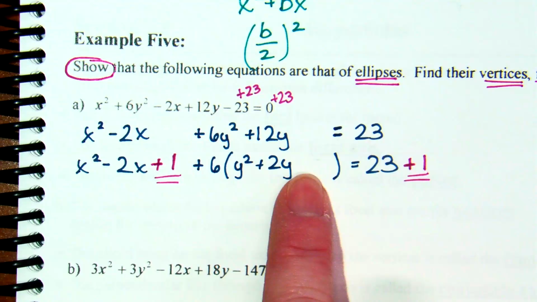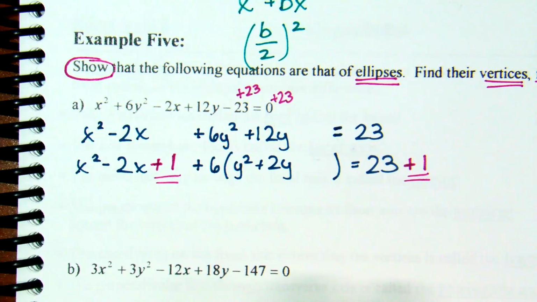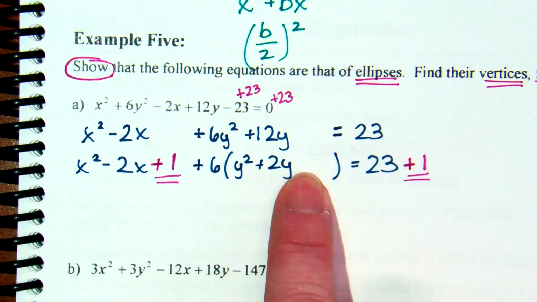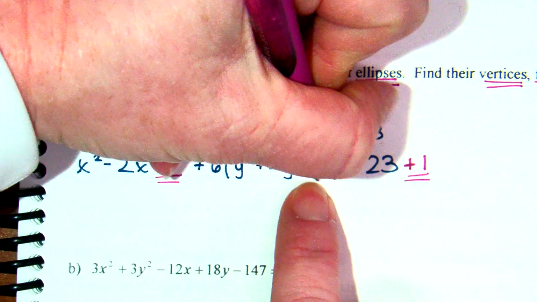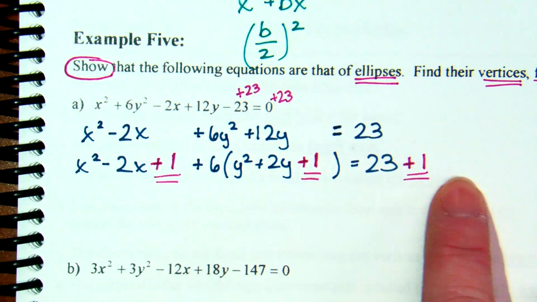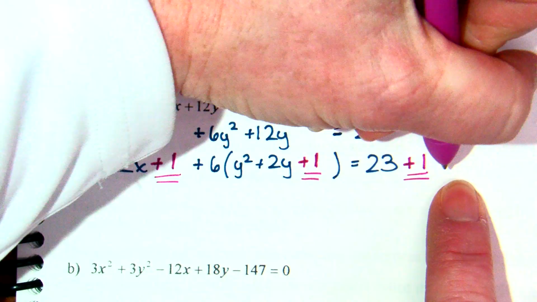Okay, so now we've got to do the same thing with our y's. Notice it's 1y squared plus 2y. So what's the current b I'm using? 2. 2 divided by 2 is 1 squared 1. So I am adding 1 here. If I add 1 on the left in the parentheses, what do you do with that?